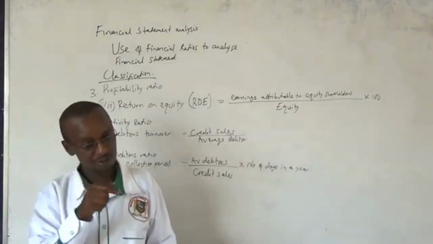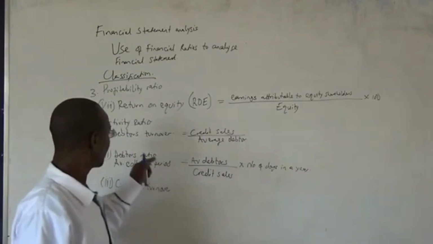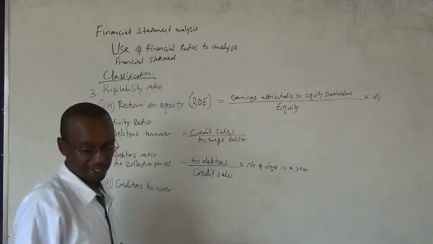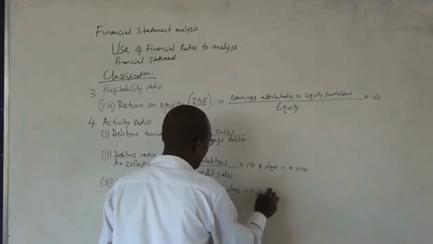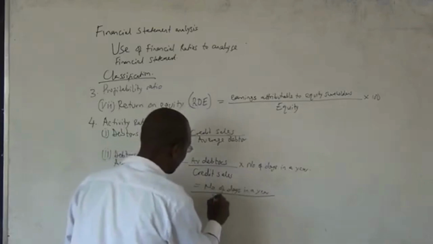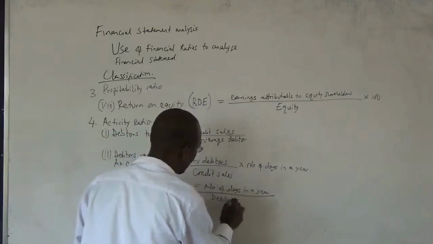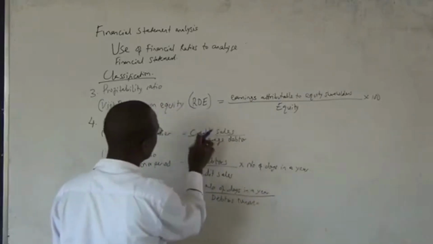So the debtors ratio, you can also get it by the number of days in a year divided by debtors turnover. This one.